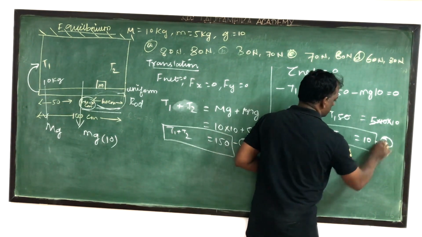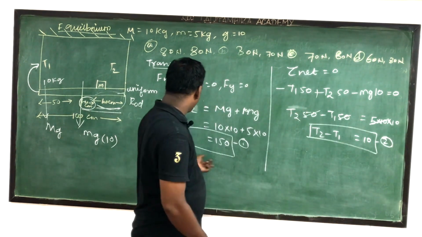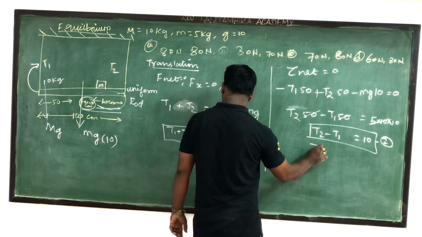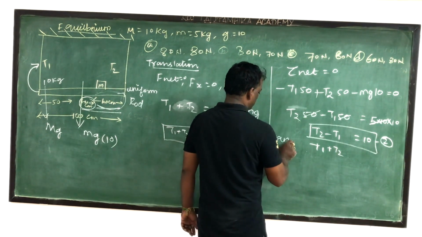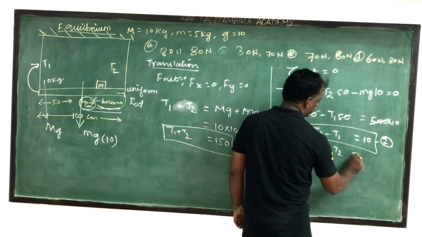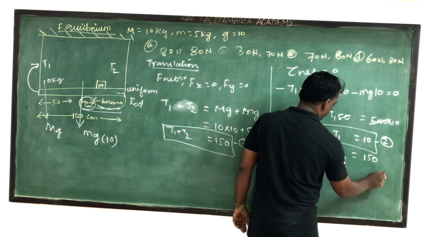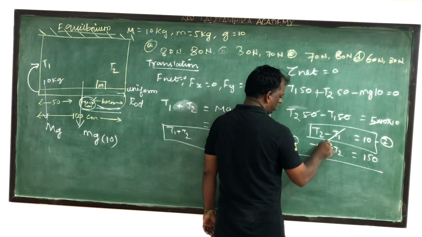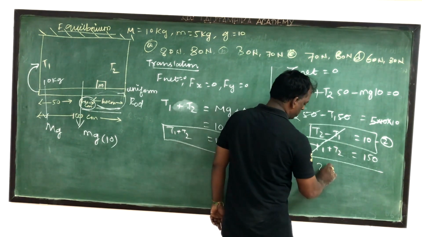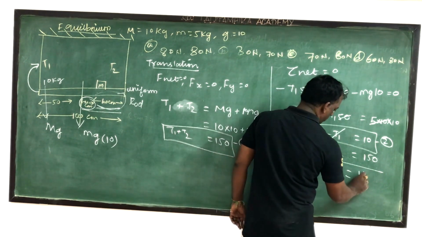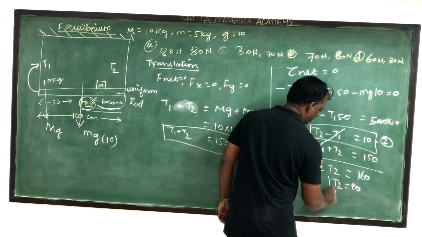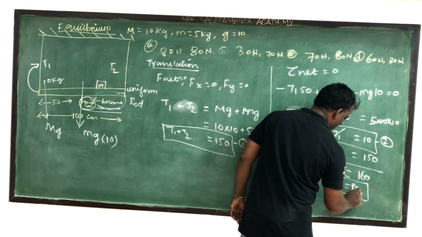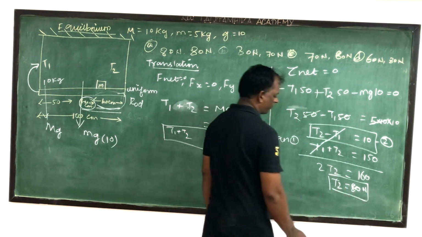So let us write this as equation 2. We can add both these equations. Therefore T1 plus T2, equation 1, is equal to 150. If you add, T1 cancels out. Then 2T2 is equal to 160, or T2 is equal to 80. What is the value of T2? 80 Newton.